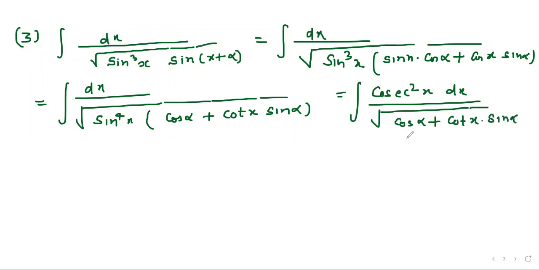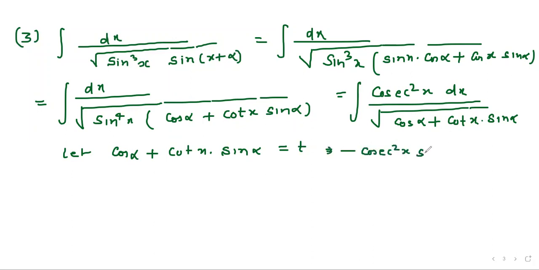Now we take this term inside the square root as t. So let cos alpha plus cot x sine alpha equal t. Then minus cosec square x sine alpha dx equal to dt. We have cosec square x dx, it means cosec square x dx equals minus dt upon sine alpha.